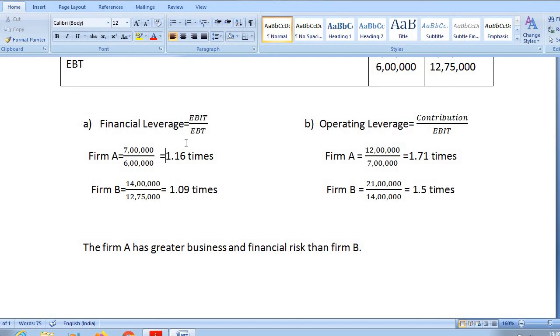If you observe, when it comes to financial leverage, firm A is more than firm B. When it comes to operating leverage, again firm A is greater than firm B. Whichever firm has a greater financial leverage will have a greater financial risk. And whichever firm has the greater operating leverage will have a greater business risk.